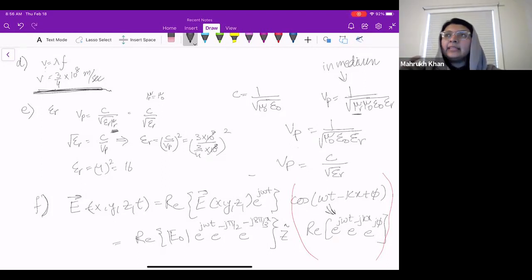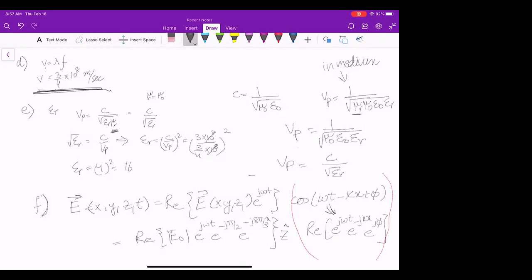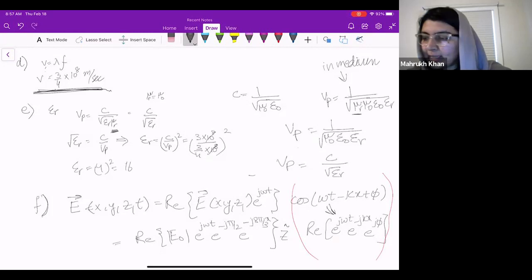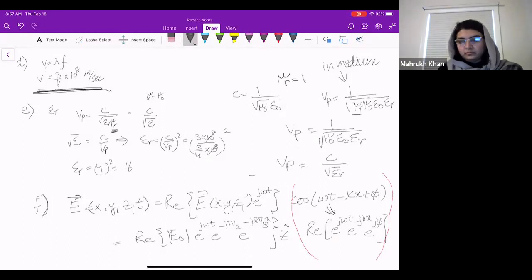You know that this medium has the same mu naught, so you will not write it again. You got my point? Yeah. In other words, you can also say that in a non-magnetic medium, your mu r is 1.